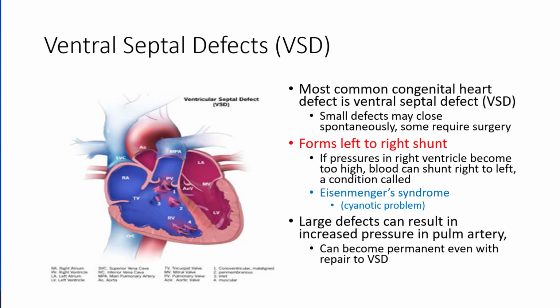Again, the left ventricular pressures are higher than the right side. It's a high pressure system and a low pressure system, so blood is going to move from high to low. We have a left to right shunt, so oxygenated blood moves into deoxygenated or low oxygenated blood.